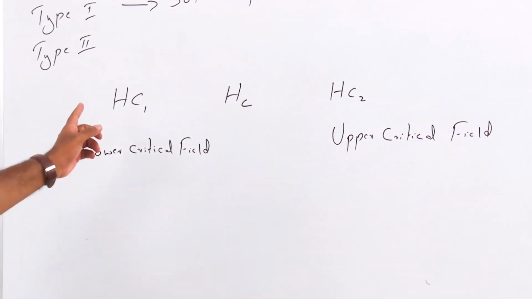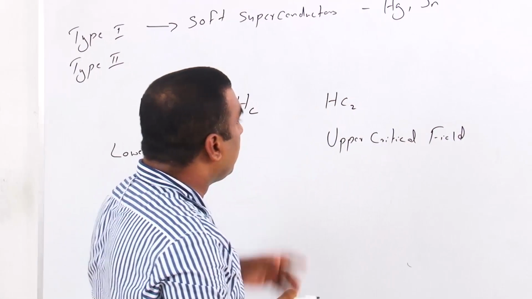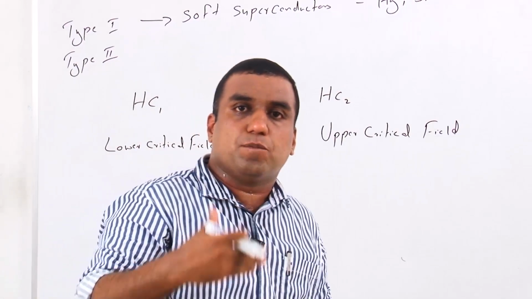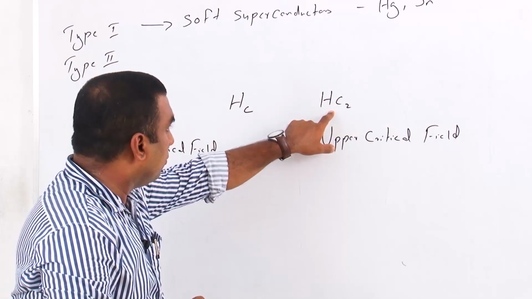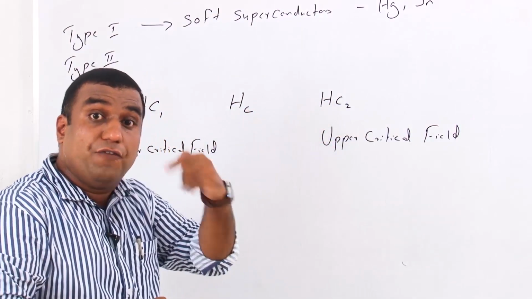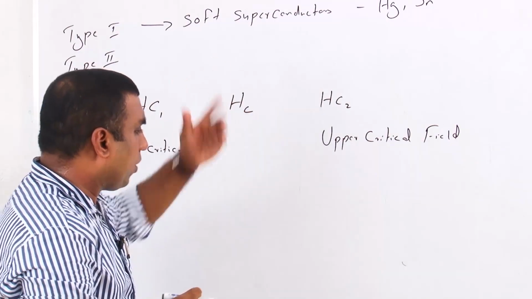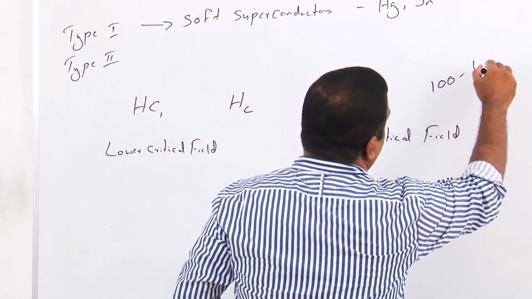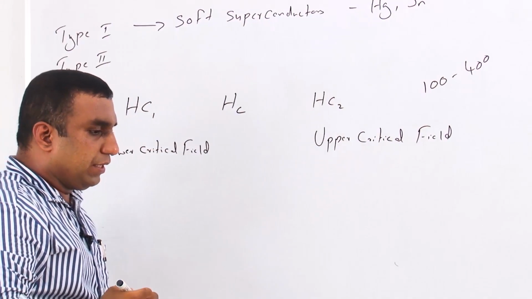So, between these two critical fields, Hc1 and Hc2, the material is in a mixed state. This Hc2 is normally very much higher than the critical field Hc, approximately 100 times or about 400 times higher than the critical field Hc.